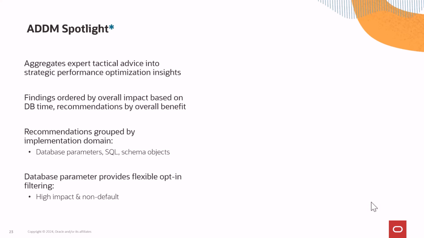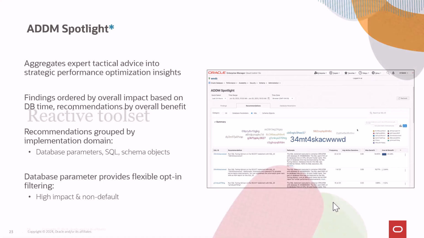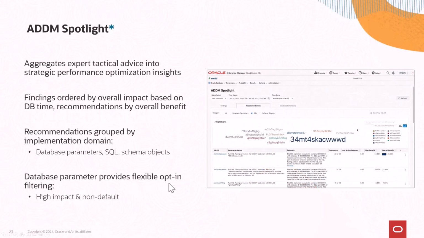So this actually gives you more confidence in implementing the recommendation. It also up-levels any junior staff to get expert advice. So this is how the ADDM Spotlight looks. There is also a demo which we will look into.